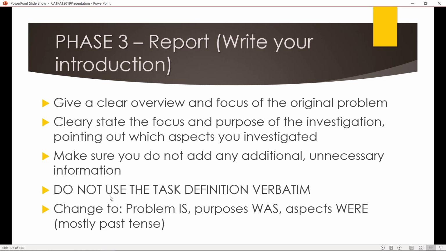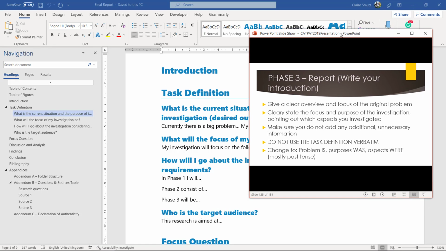What we're going to do is use the second question as well, saying which aspects of the problem or which aspects of the topic your investigation focused on. So basically we're going to use the first two questions of the task definition, and we're going to leave the problem, because the problem is still a problem.